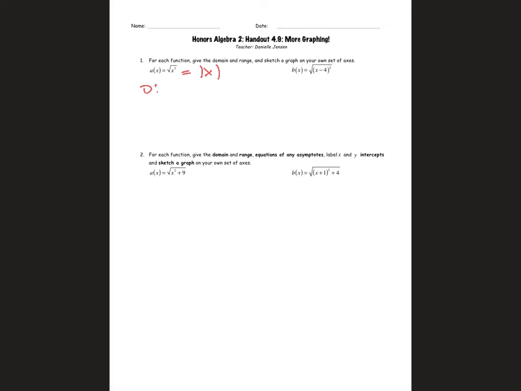Okay, and so the domain here is everything, and the range, because we're coming out of a square root, would just be 0 to infinity. And the absolute value graph, if you remember from the first semester, just looks like that. Well, let's do the same here for b of x. Instead of just having x squared, this time it's x minus 4 squared and the square root of that.